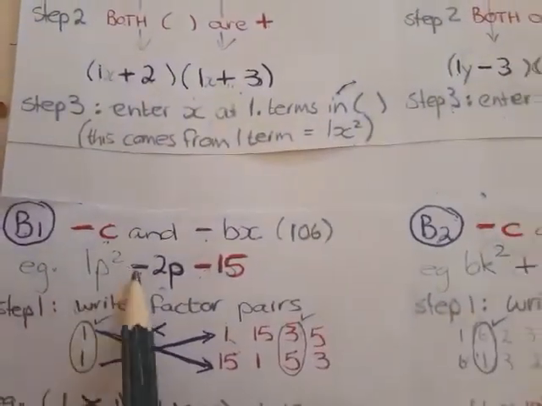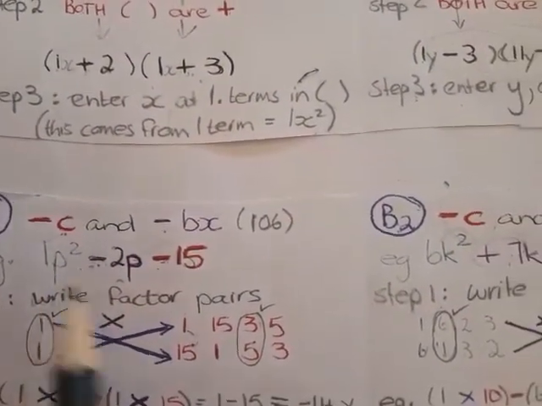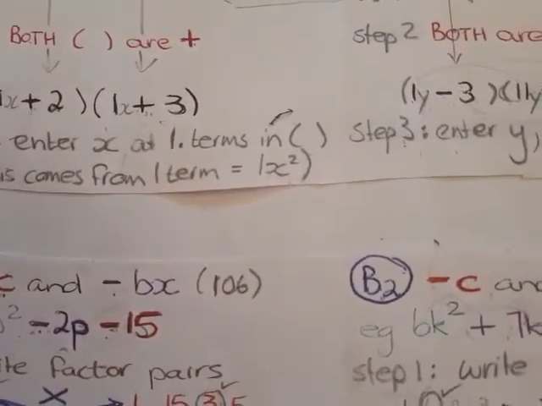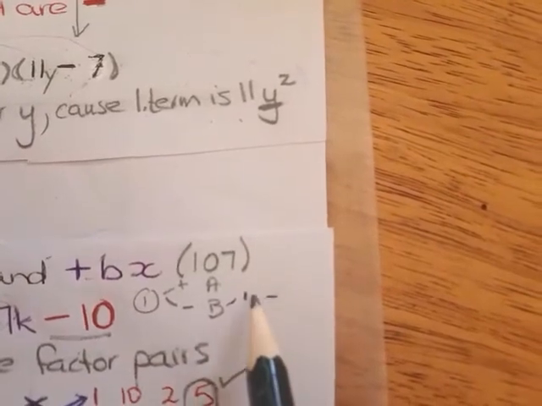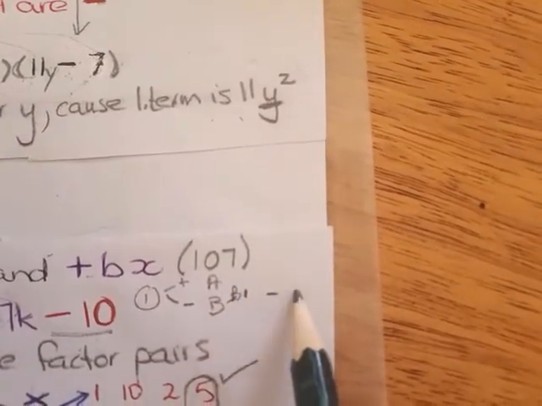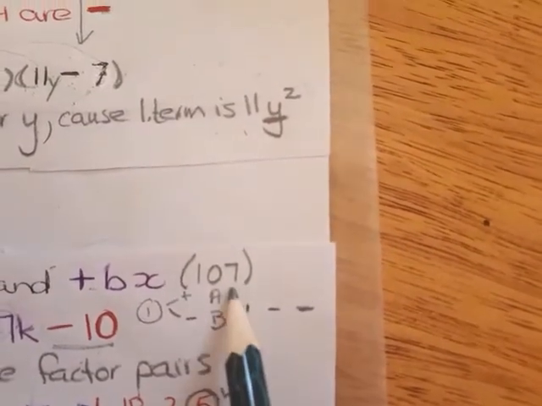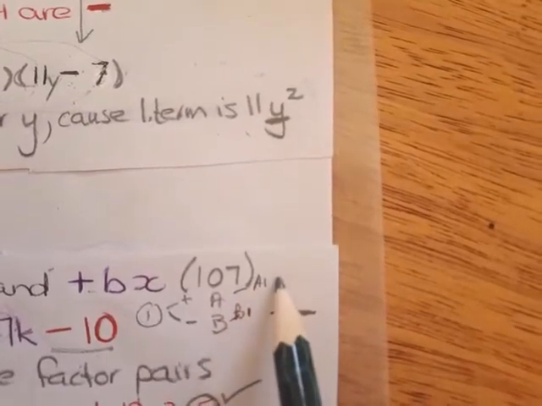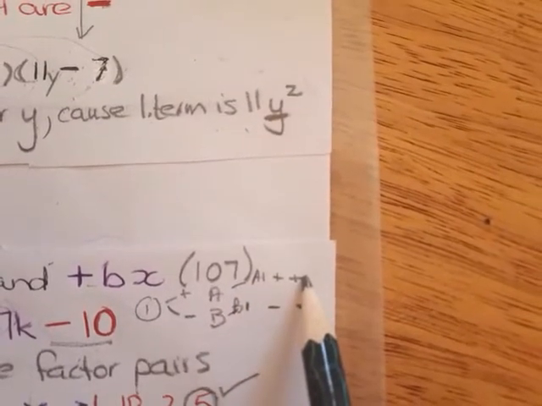In B1, you've got 2 negatives. B1 is 2 negative signs and A1 is 2 positive signs.